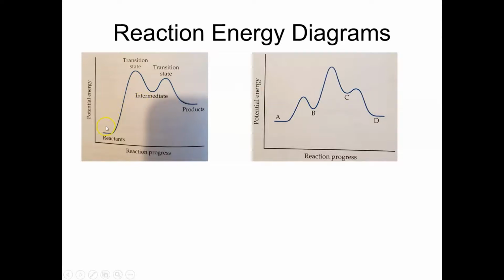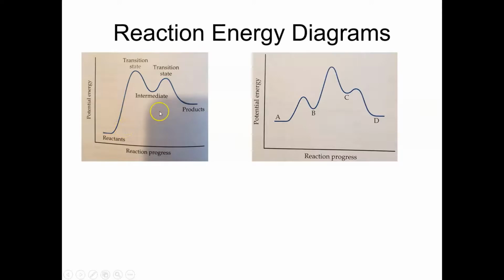So here is an example of what could be a reaction energy diagram for a 2-step reaction. Each step has its own reactants and products and its own transition state. The product of the first step is the intermediate, because then it goes on and gets consumed in the second step to give you products. So this is a possible reaction energy diagram for a 2-step reaction.